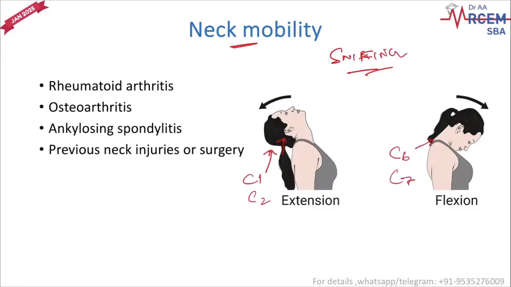That's why we are checking the flexion and extension of the neck. Restriction of movements can be present because of rheumatoid arthritis, osteoarthritis, ankylosing spondylitis, or previous surgeries. If there is restriction of movements, then again, you need to suspect a difficult intubation because you might not be able to place the airway in an ideal position to intubate the patient.